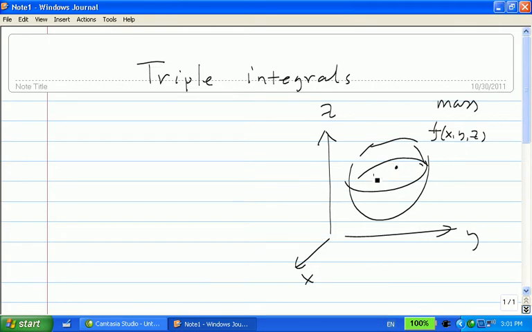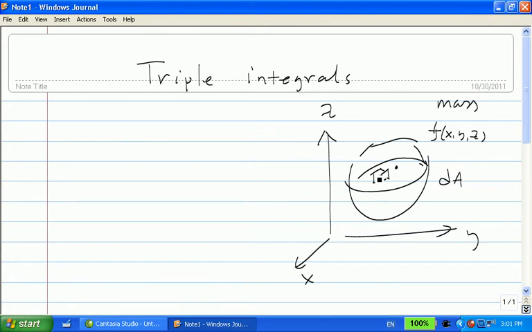The problem is the density is not constant. So, same idea: we break this solid into many small cubes. We call the volume of this cube dV.